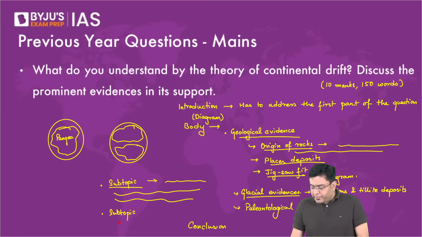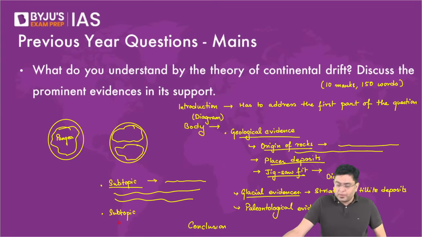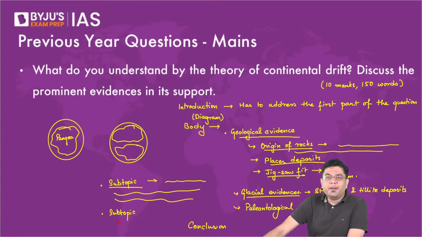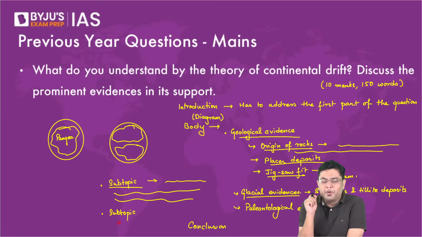So, there is no scope of getting an 8 or 9 in a 10 marker. Absolutely not. I hope we understand that we are not in class 6 or class 10th anymore, right? So I hope you are able to fathom what is the mark scored by people in GS1. GS1 is of 250 marks. You have all the various toppers. If you look at their marks, what is the marks that they score out of 250 in GS1?